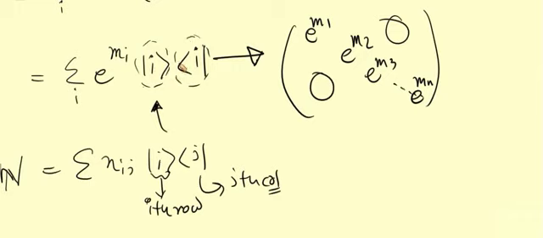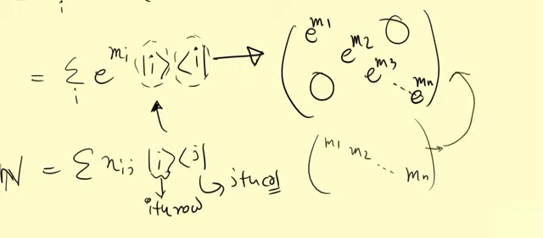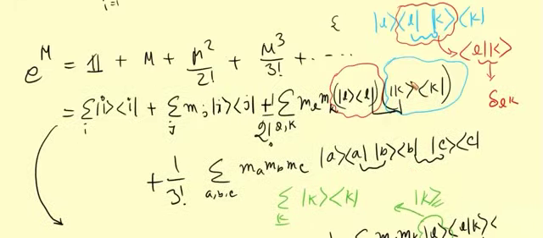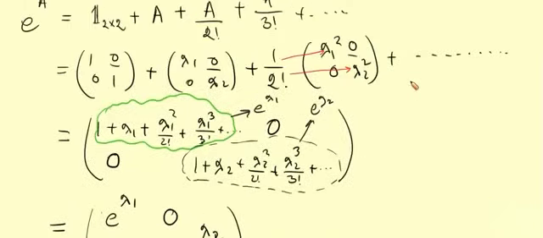So you can readily say that my matrix is still diagonal, and each of these entries comes from the entry in the initial matrix. The initial matrix was something like this: m1, m2, mn. Each of these elements is now replaced by the exponential of these elements. That is, this guy down here is getting transformed into this guy. So this is how you can easily manipulate the exponential of a matrix.